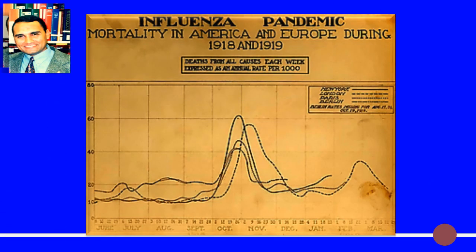This is a picture of mortalities in America and Europe during the influenza pandemic of 1918 and 1919. Studying this shape gives us an idea and knowledge about the disease.